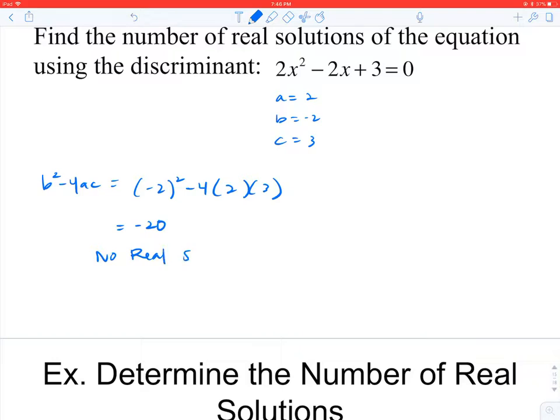Meaning there would be no real solutions to this equation, right? If you tried using the quadratic formula, you would have the square root of negative 20, which is not a real number. No solution, no real solutions.